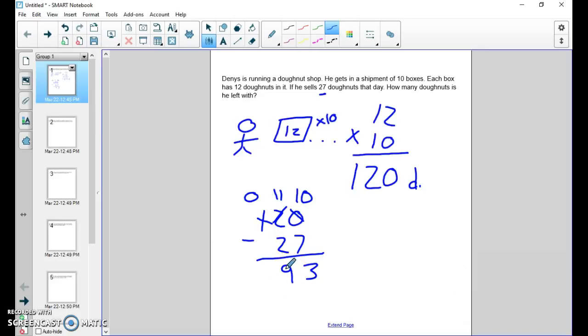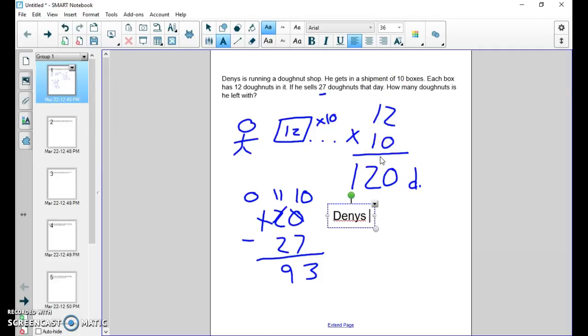Now, you are not done with the story problem unless you can say your answer in a complete sentence. So I'm going to go back to my question. Let's see. Here it is. How many donuts is he left with? I'm going to put Dennis is left with 93 donuts.